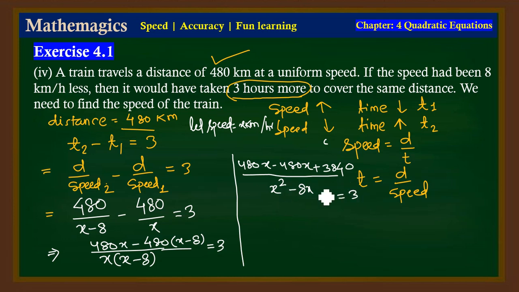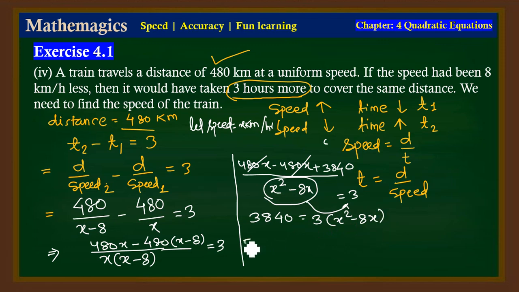So we are going to just cross multiply. So 480x minus 480x both are going to cancel. So here 3840 is equal to, this part is going to shift to the right hand side, and that is going to be 3 into x square minus 8x.